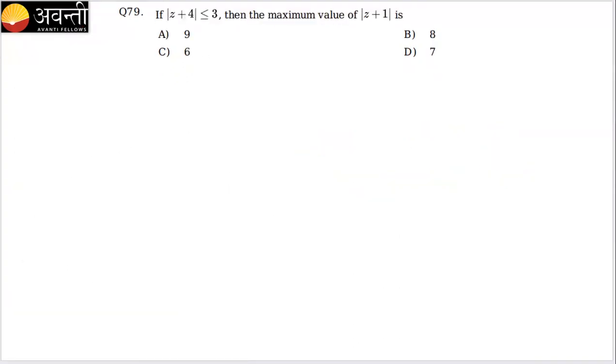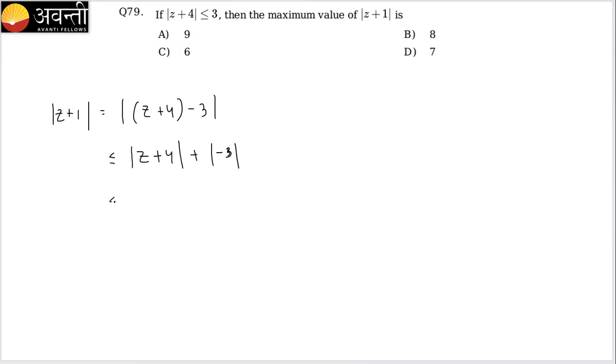This one. Mod of z plus 4, then the maximum. Here we have to use the triangular inequality. Correct? I can write mod of z plus 1 as mod of z plus 4 minus 3, which is less than or equal to mod of z plus 4 plus mod of minus 3.